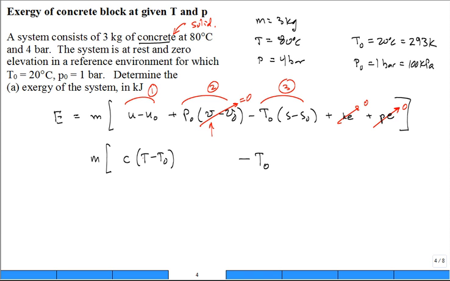How do I calculate the change in entropy of an incompressible substance? You have to reach back way into your recesses from Thermo 1 and recall specific heat times the natural log of the final temperature over initial temperature, but here we're going from S naught to S, so it's T over T naught.